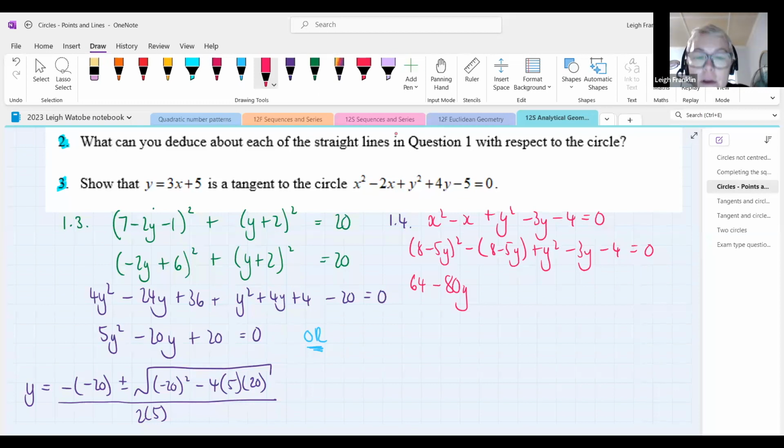Then plus 25y squared. And then minus 8 minus 5y, so plus 5y, because a negative times a negative is a positive. Plus y squared minus 3y minus 4.